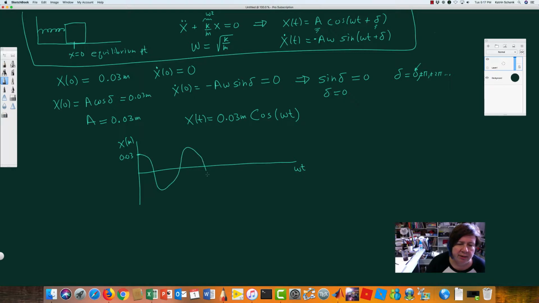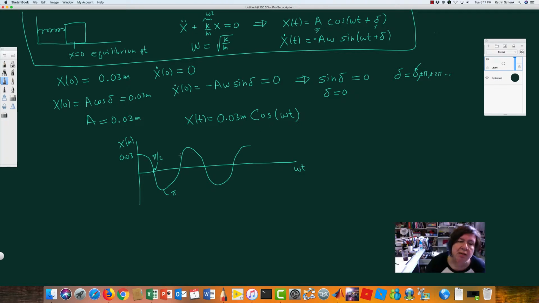Badly, I realize that. Okay. And points on the graph here. Where's the cosine 0? It's at pi over 2. So this is omega t equal pi over 2, etc. Over here, this is omega t equal pi, and on and on. Okay. But you can see that the cosine is very good for this without any phase shift, right?